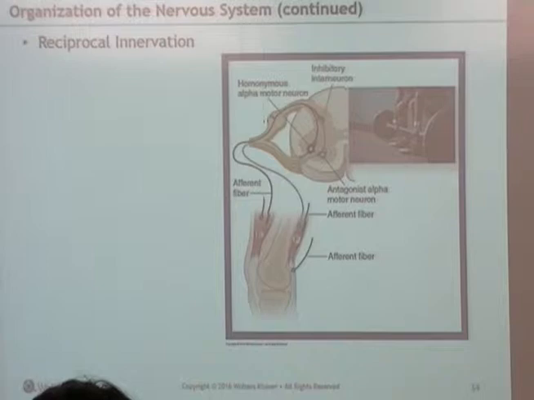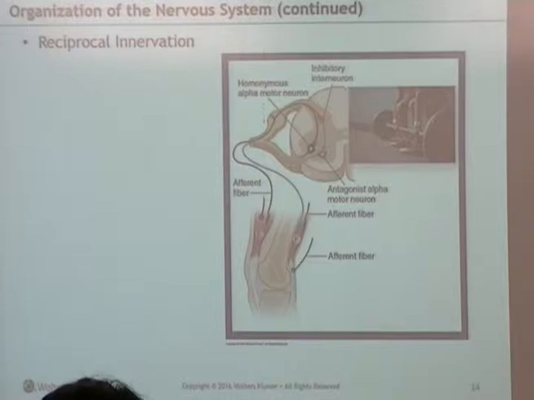So when you're looking at a reciprocal innervation scenario, what's happening is the signal comes up the afferent nerve, right, into the spinal column, and the sensory nerve then synapses with two different interneurons.